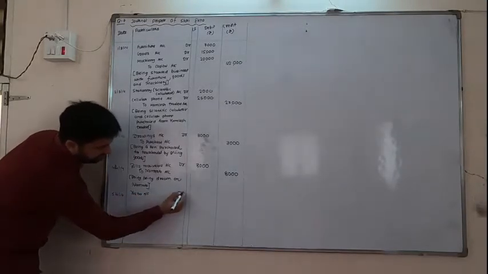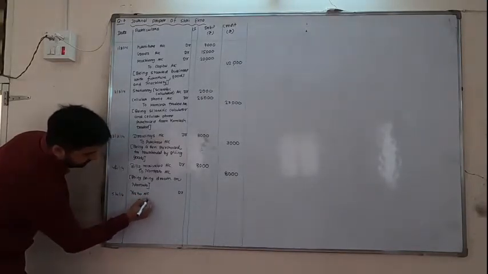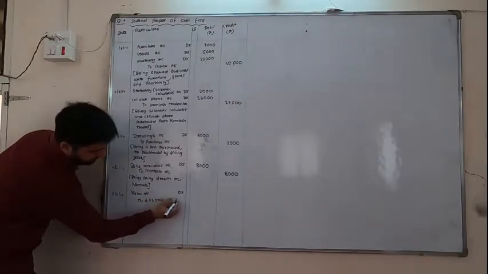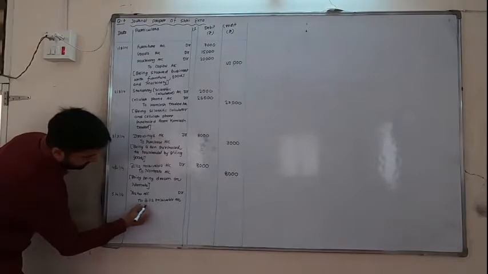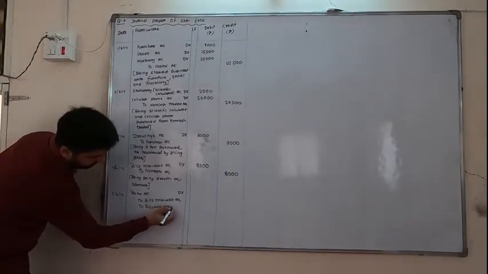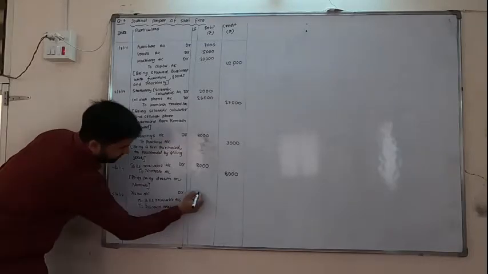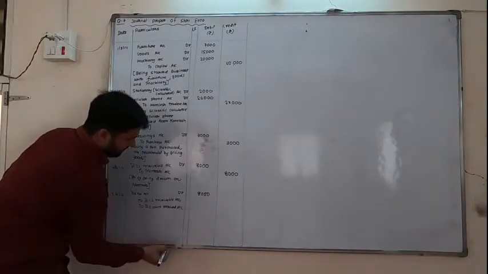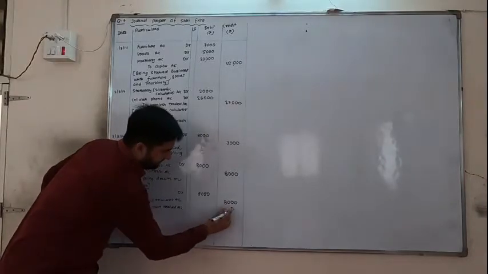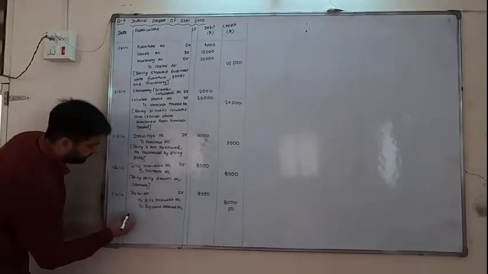Yesha account debit to bills receivable account, to discount received account. Yesha 8,050, bills receivable 8,050, and the discount is the difference.